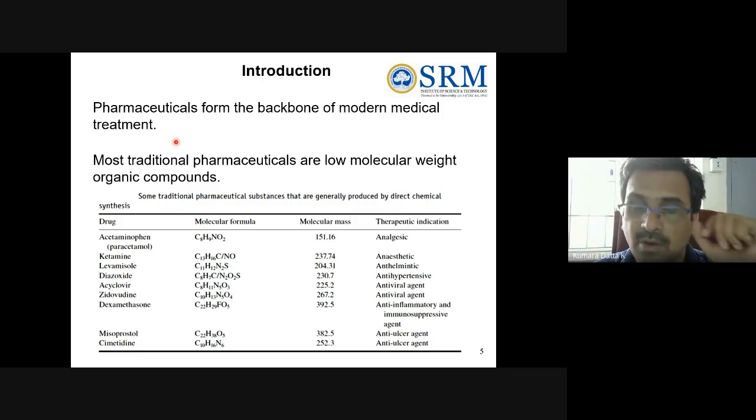So consider the importance of pharmaceuticals. See how the COVID pandemic put the whole world into a dark situation. That is the reason why vaccinations and drugs are important, as they help the system get back to the normal phase where it was.